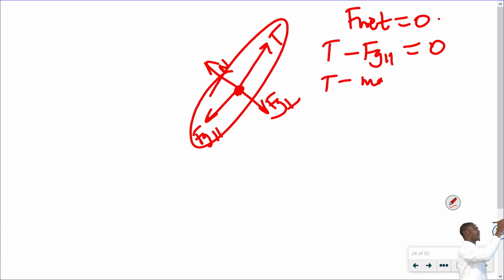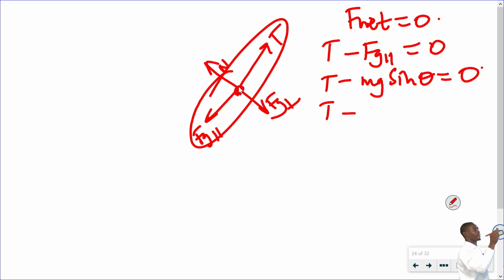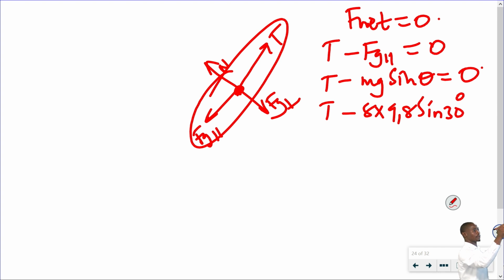Okay. Then tension, how do we calculate Fg parallel? It is given by mg sine theta, which is equal to 0. So tension minus mg sine theta equals 0. What is m? It's 8.5 times 9.8 sine the angle of inclination, which is 30, equals 0.